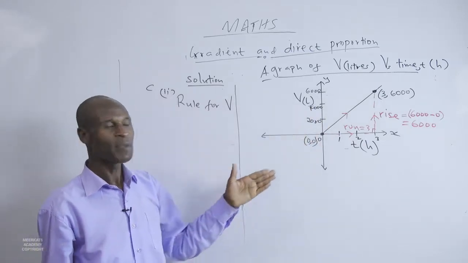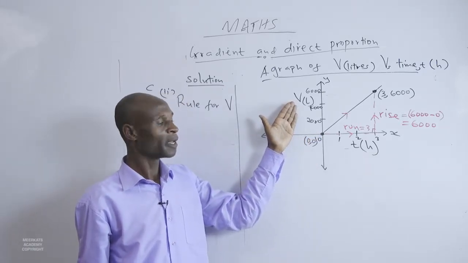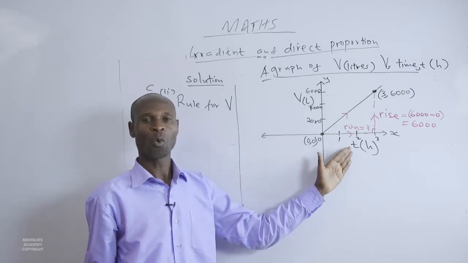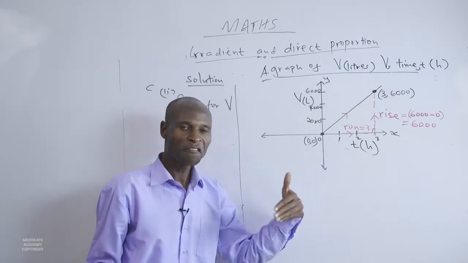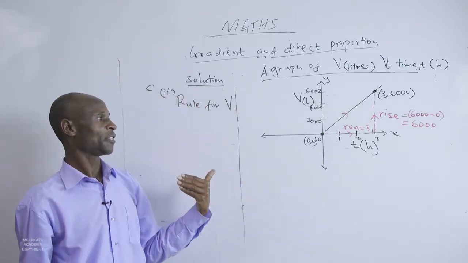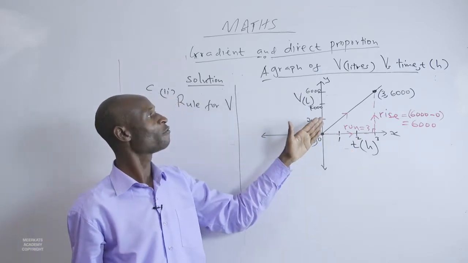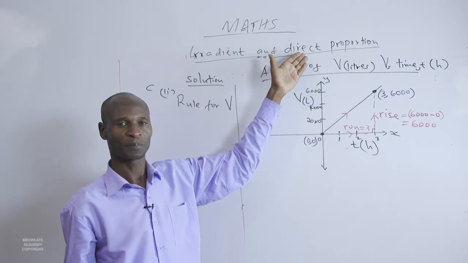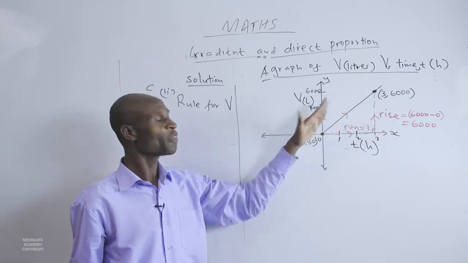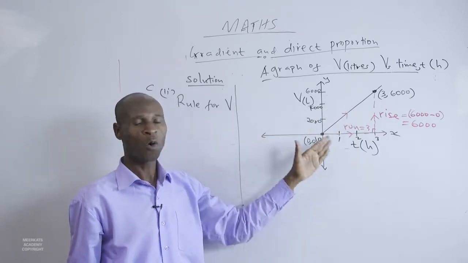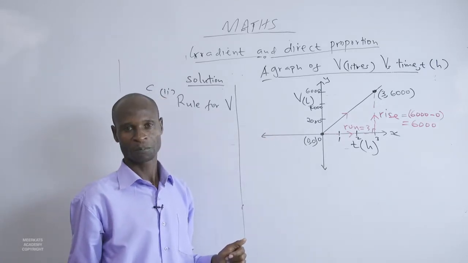Therefore, the quantity V, volume, is directly proportional to quantity T, time. If one quantity increases, the other one also increases, then that type of proportion is called direct proportion. And when a graph is drawn, you obtain a straight line. So that simply means that the two variables are directly proportional.